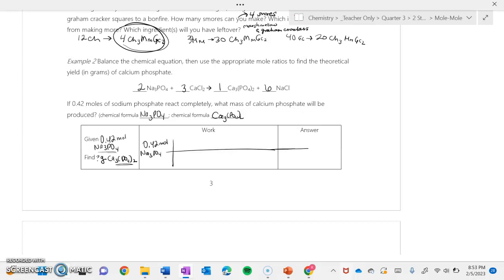I'm going to circle our numbers here that go with each of these. So I've got my coefficients. This is telling me that for every 2 moles of sodium phosphate used, I will be producing 1 mole of calcium phosphate, assuming that the rest of the reactants are available.